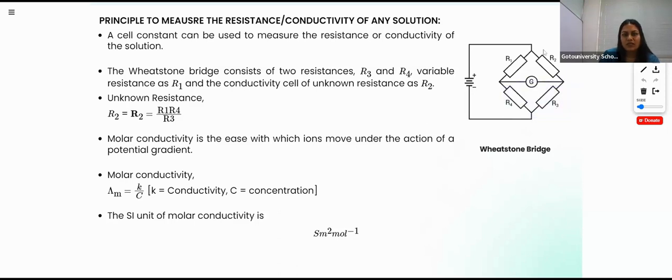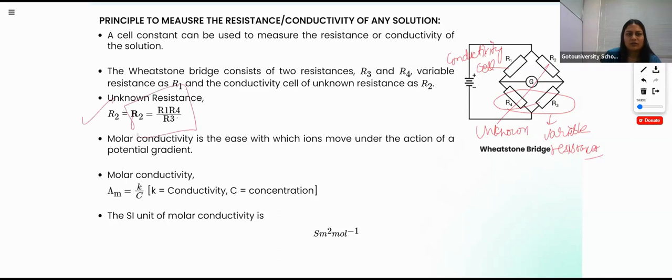R1 is the conductivity cell, R2 is the unknown resistance. For the unknown resistance we use this formula: R1 into R2 by the other variable resistance, right?